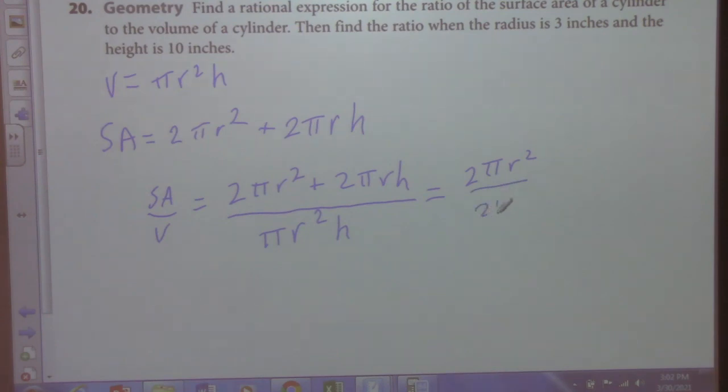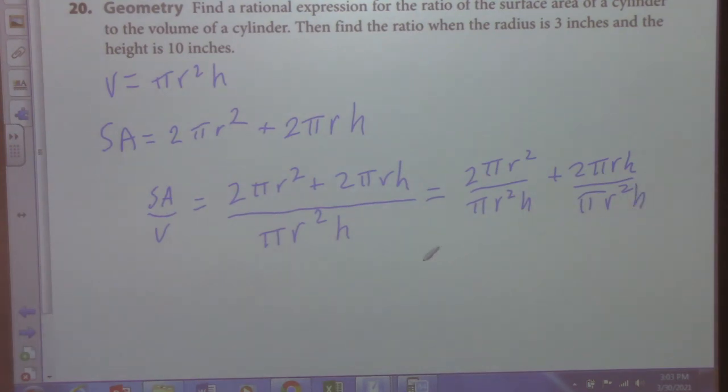No, I've got it wrong here. It's 2 pi r squared plus 2 pi rh, that's where that goes, over pi r squared h.